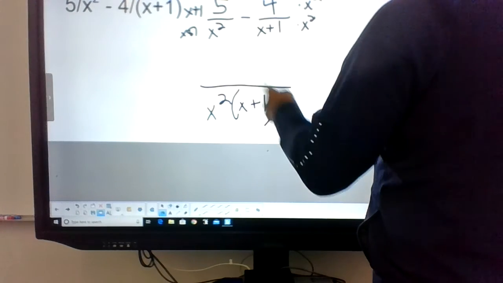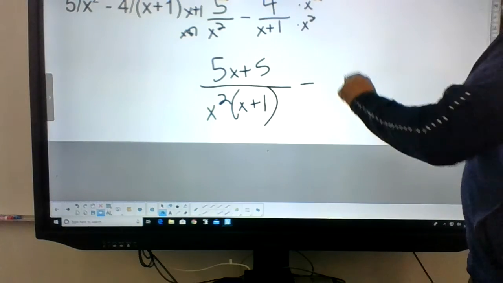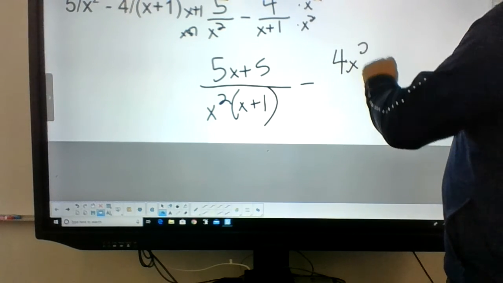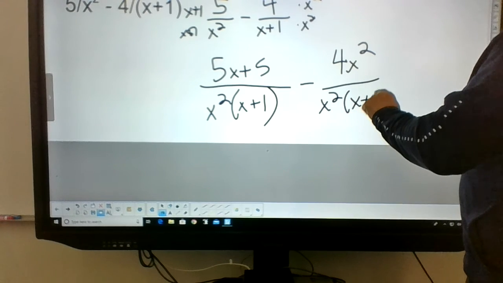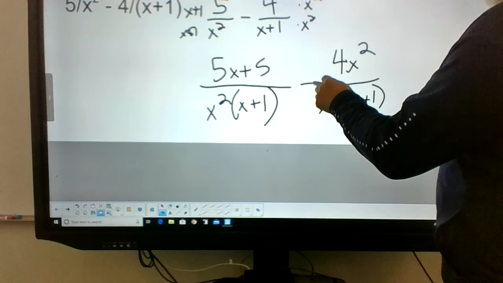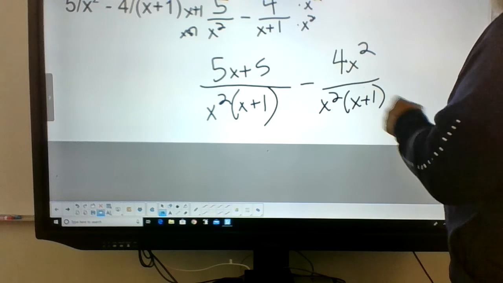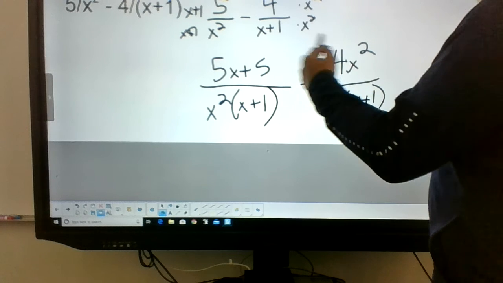So actually I'm going to write this out. So 5x plus 5 minus 4x squared over x squared times x plus 1. Note the minus sign in the middle. And again, it gets really weird when you have two things over here, so take this into account.